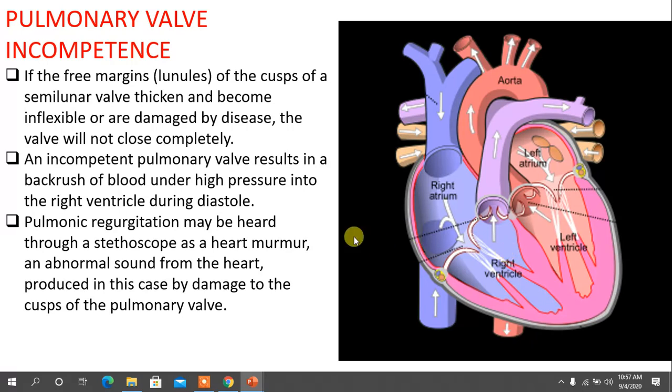So an incompetent pulmonary valve results in a back rush of blood under high pressure into the right ventricle during diastole. Pulmonary regurgitation may be heard through the stethoscope. A heart murmur will be heard, and this murmur will be heard during the diastole of the right ventricle.